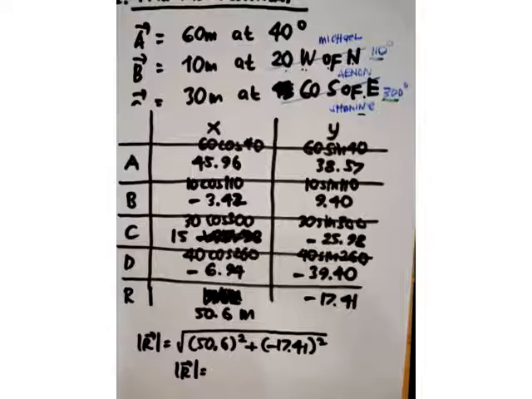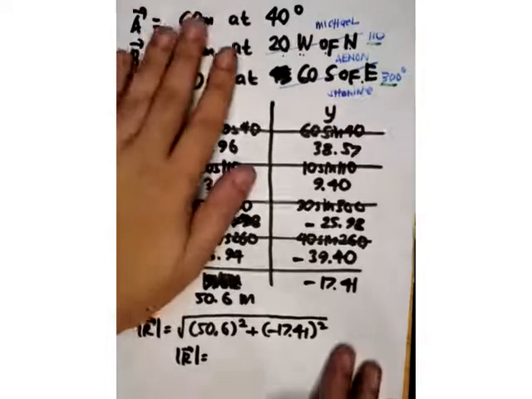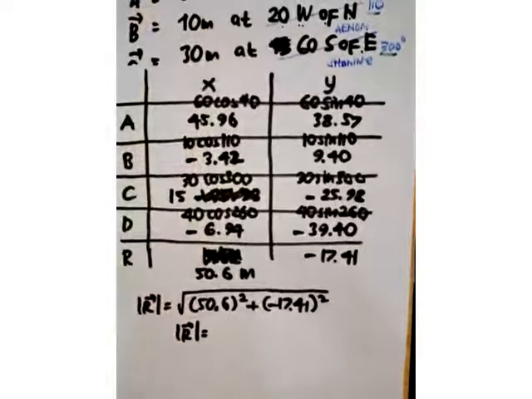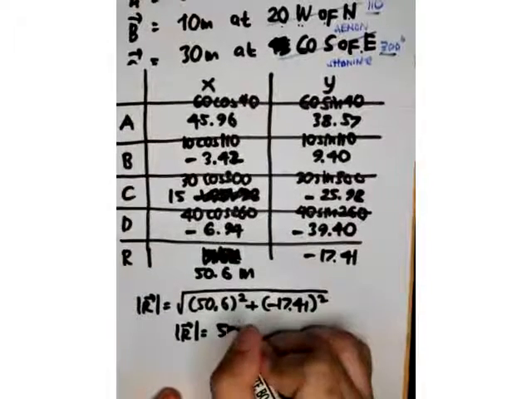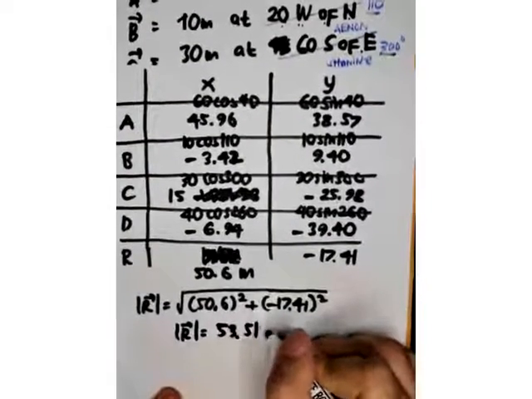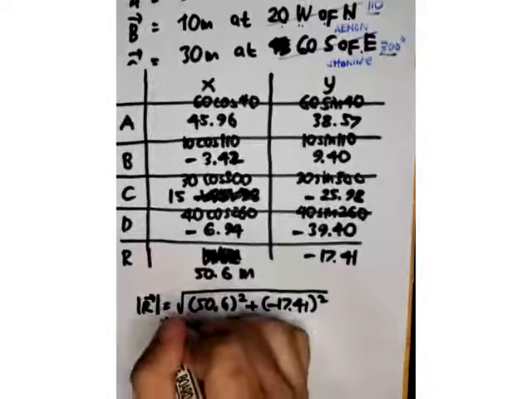Tama naman. Okay, so what's the magnitude? Okay, so the magnitude is, based sa computation ko, it's 53.51. You try to check if tama ba yung kinompute ko or hindi.